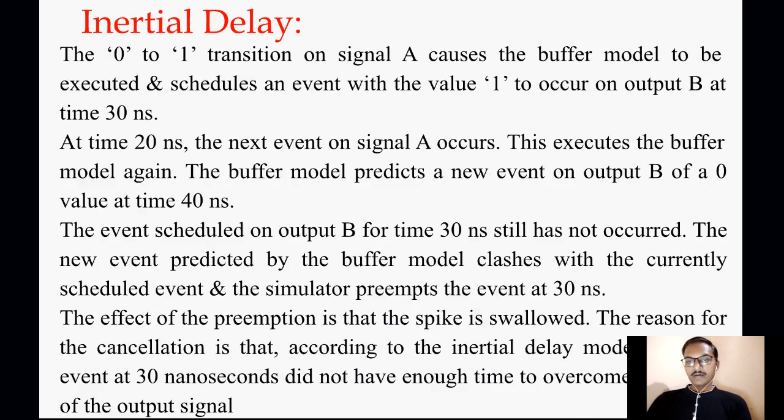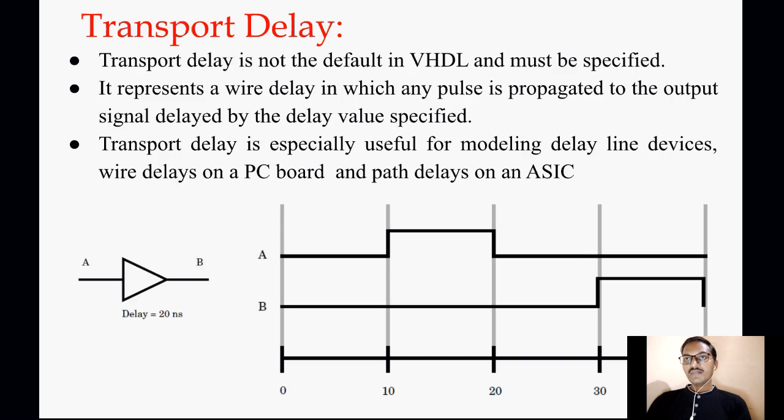The effect of this preemption is that the spike is swallowed. The reason for the cancellation is that according to the inertial delay model, the first event at 30 nanoseconds did not have enough time to overcome the inertia of the output signal.